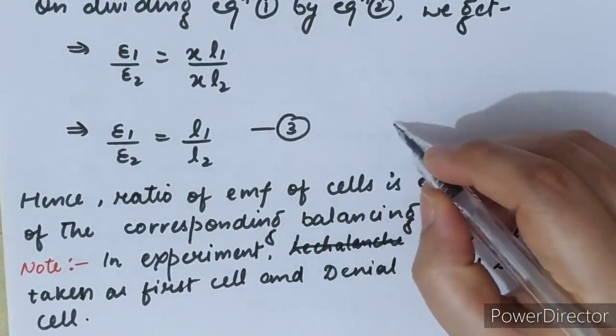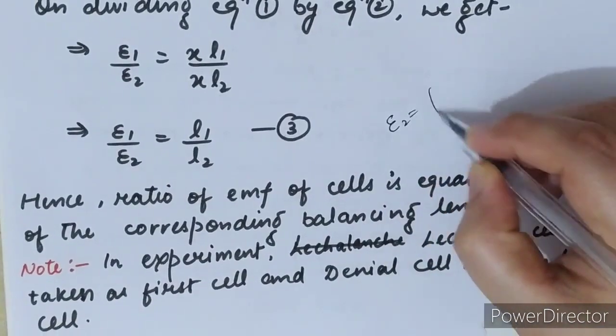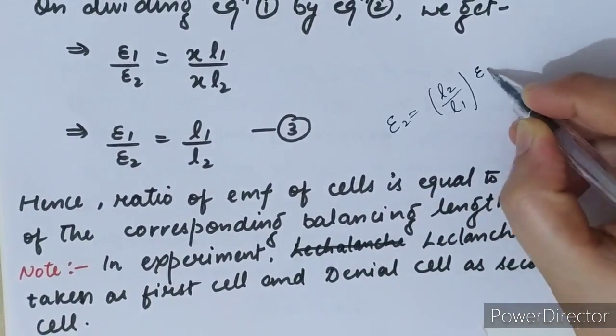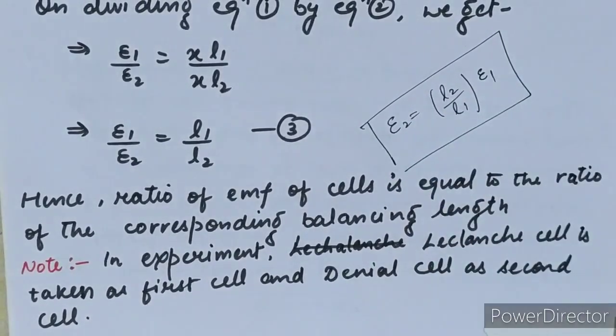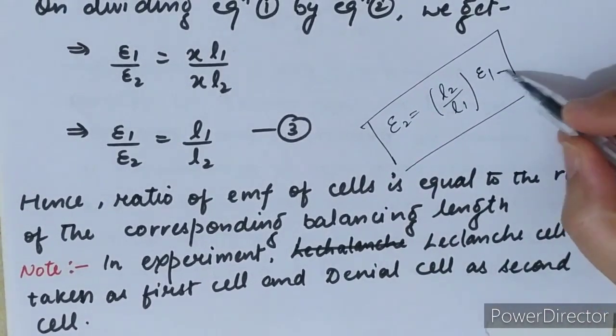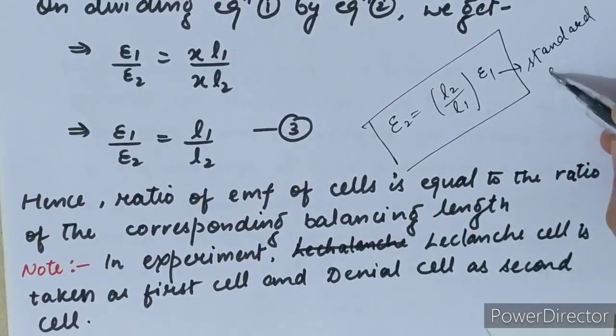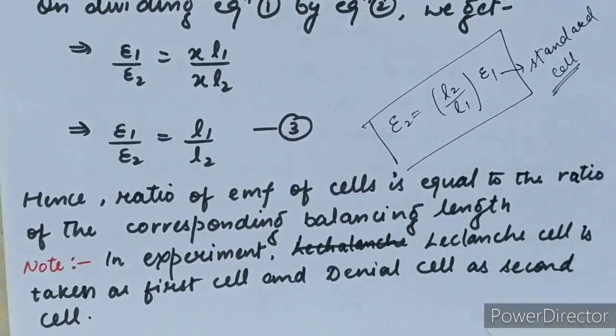From equation number 3, E2 equals L2 upon L1 multiplied by E1. When E1 is a standard cell, only then we apply this formula. Clear? The third use we will do in our next lecture.